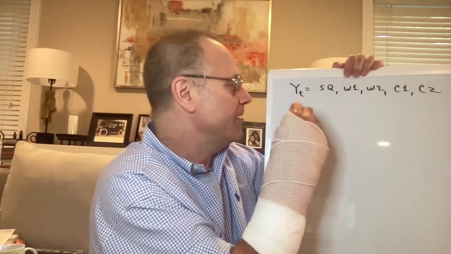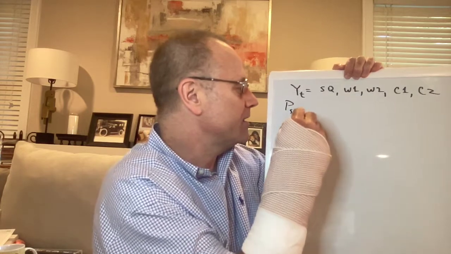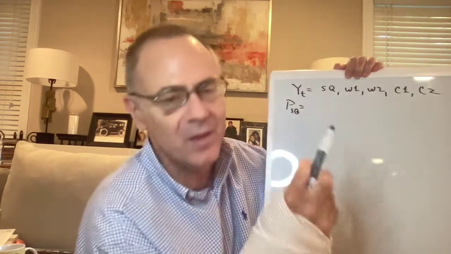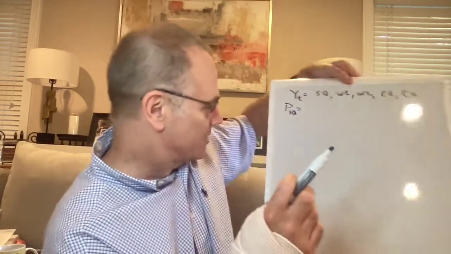So I'm going to call it capital P of SQ, the probability that the dependent variable equals status quo.